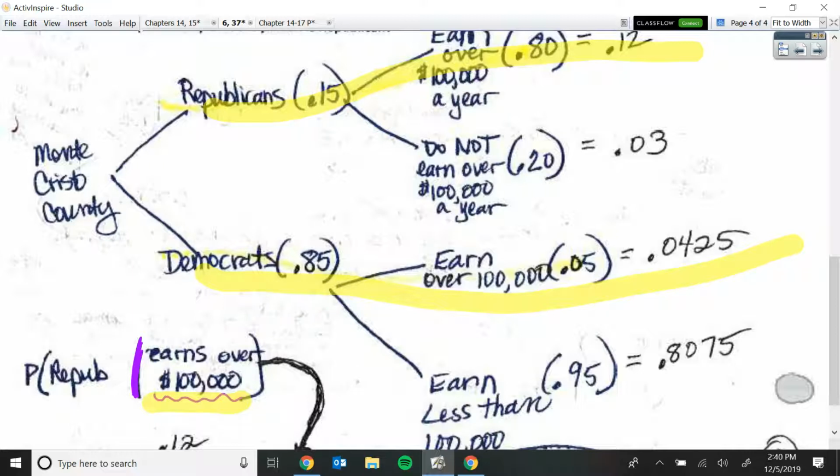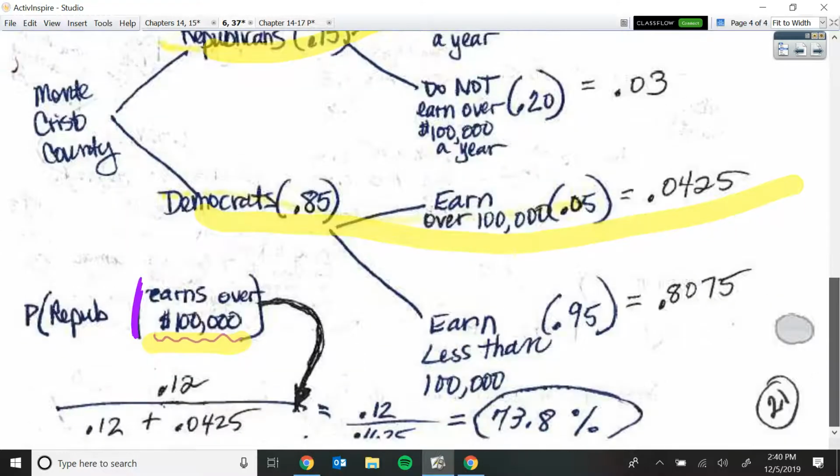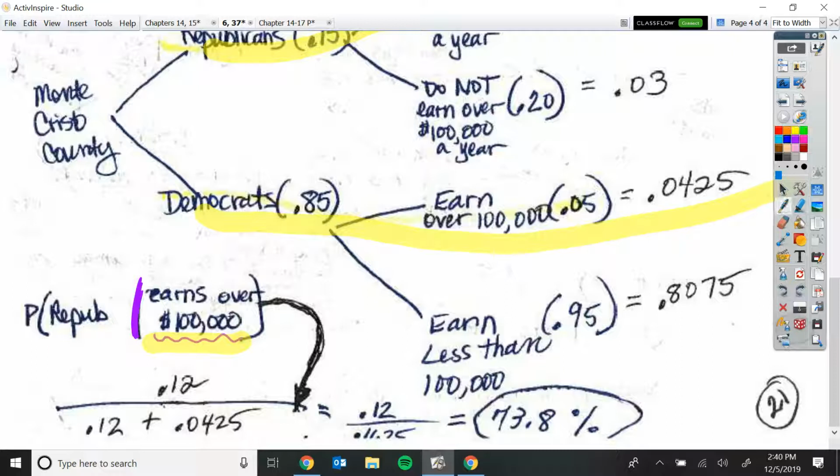The totality of those who earn over $100,000 will be the 0.12 plus 0.0425, sorry, and that is 0.1625. So I added those together and I get 0.1625. And then remember, this one up here is always a part of the denominator. It's the Republican part of the denominator.